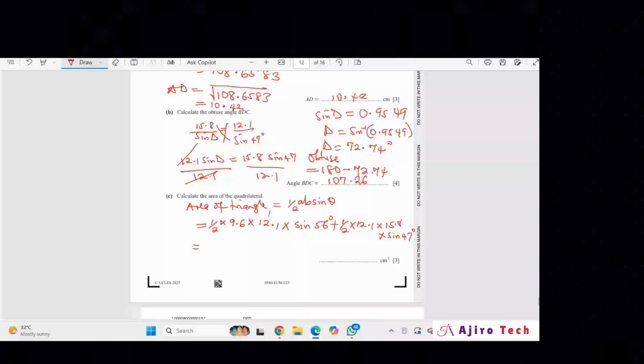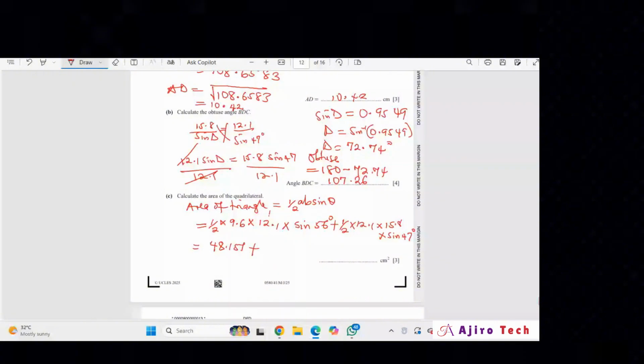Just do half, which is 0.5, so 0.5 times 9.6 times 12.1 times sine 56. This will give us 48.151.